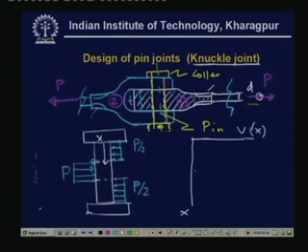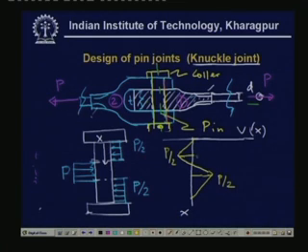The shear force diagram will look like this: it starts increasing, reaches maximum over here, and then it decreases. So this value is P by 2, and this value is P by 2. Again we can have a bending moment diagram as well, but let us ignore the bending moment for the first time and see how it fails.